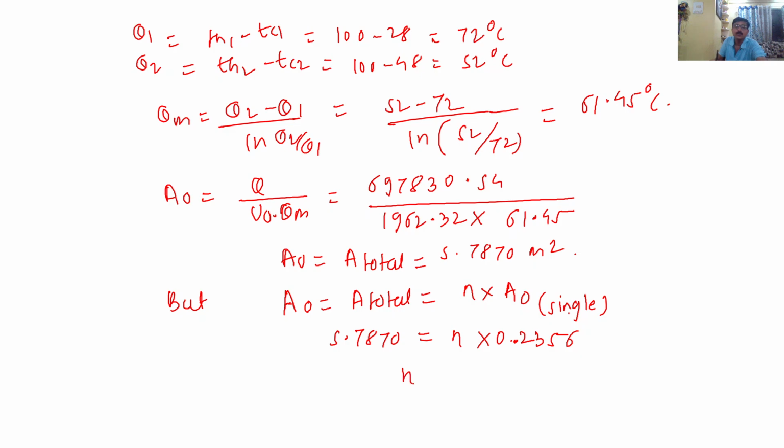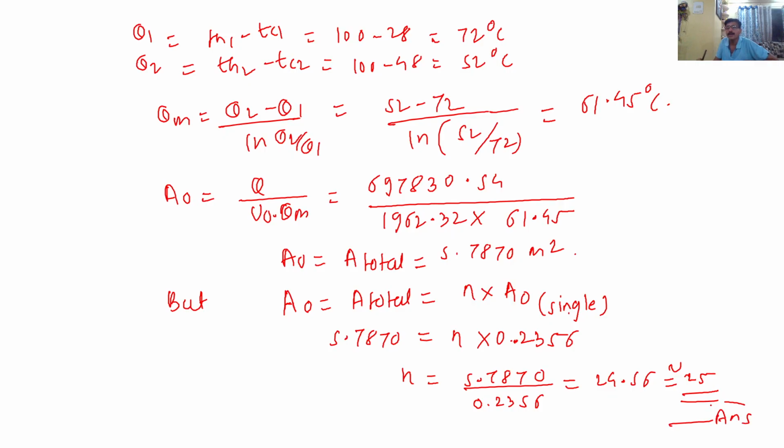So N is equal to 5.7870 divided by 0.2356. That comes around 24.56. But tubes are not fractional, so just round it to the nearest whole number. It is 25. So this one is your answer.